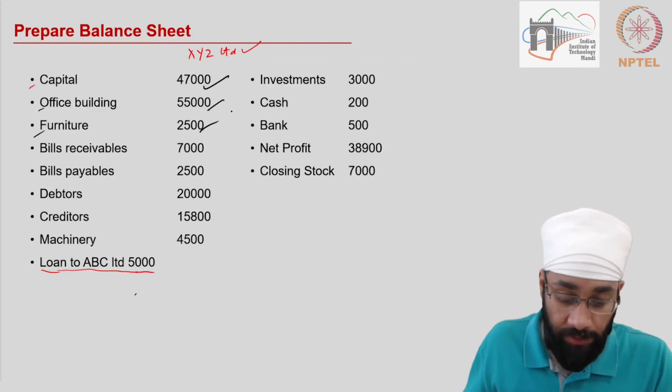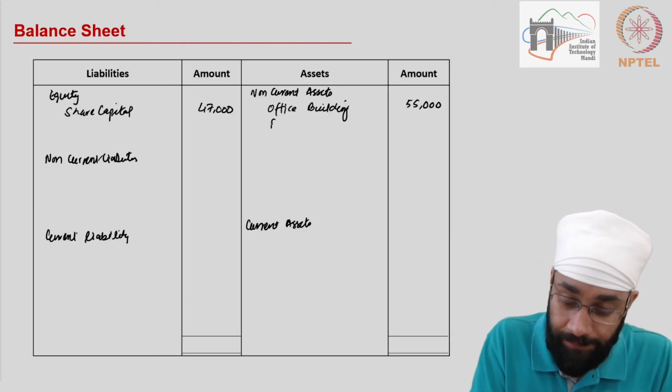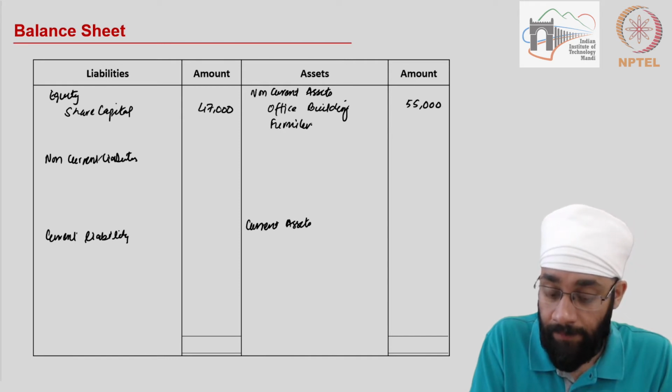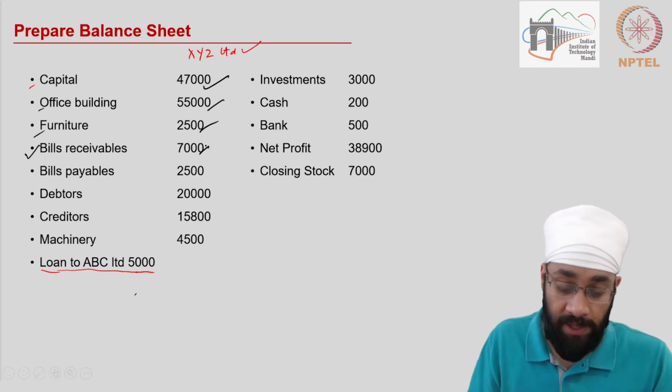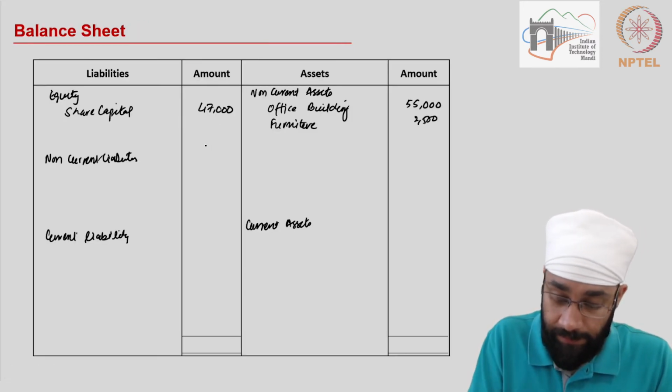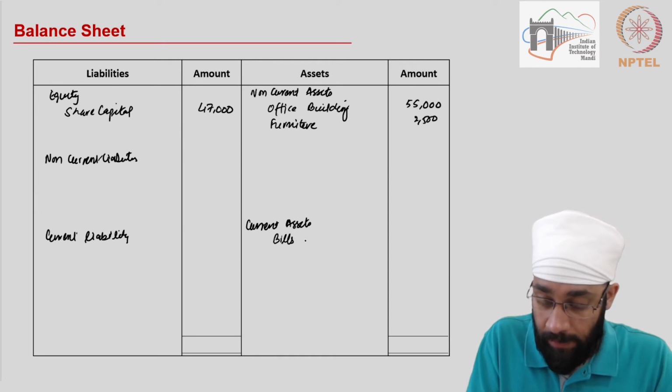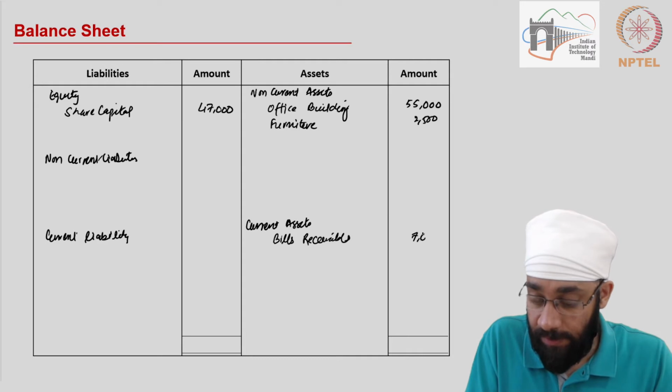We have furniture 2,500. Bills receivable are current assets, 7,000. Bills receivables 7,000.